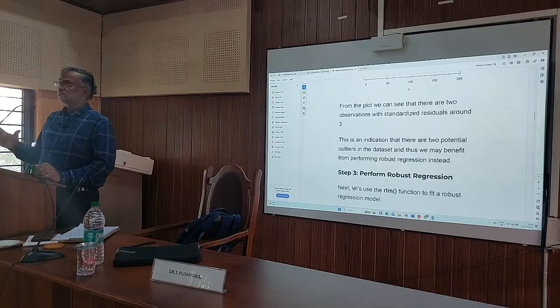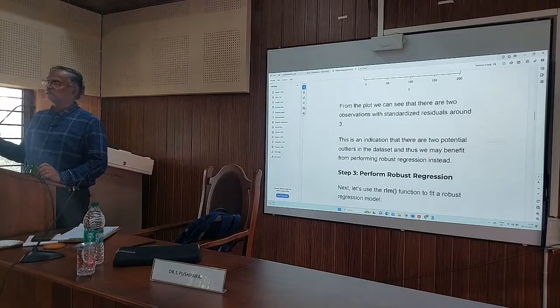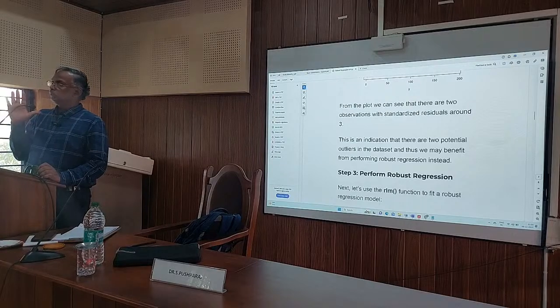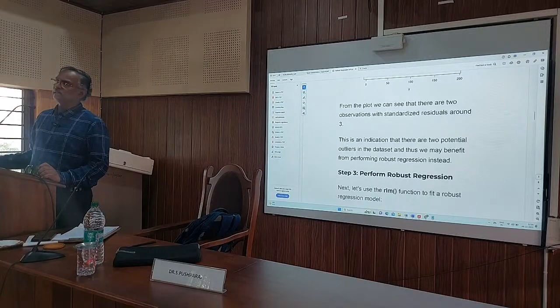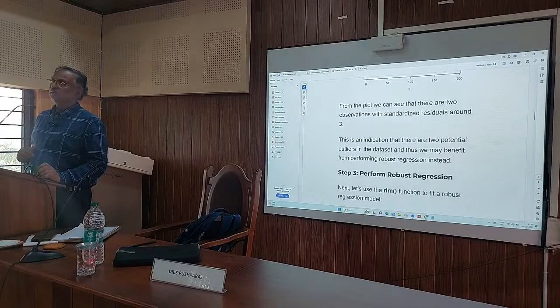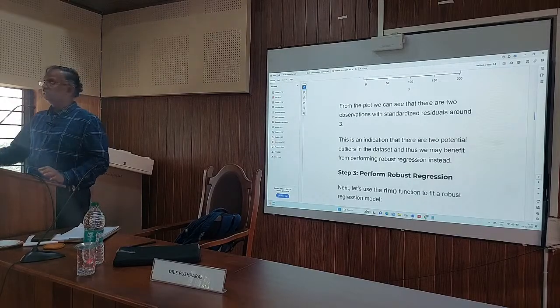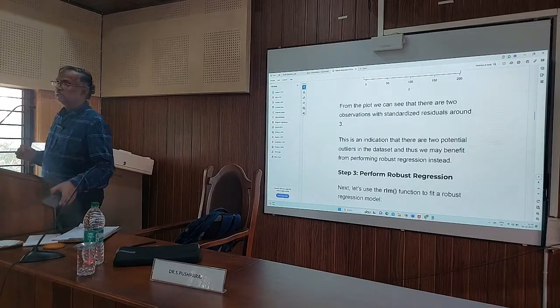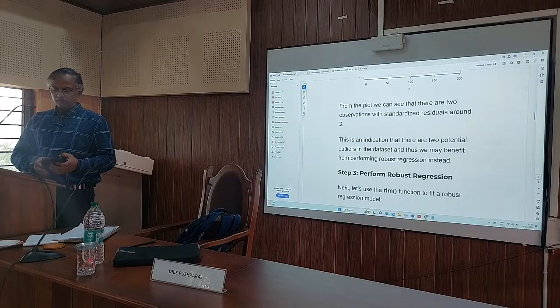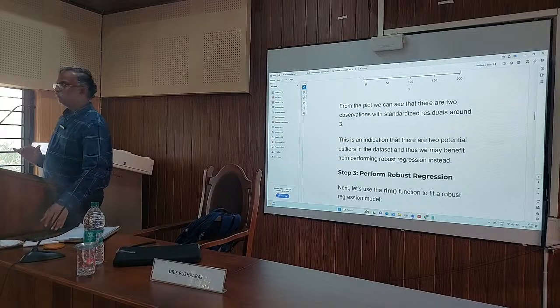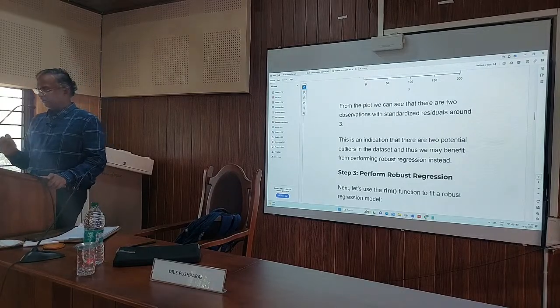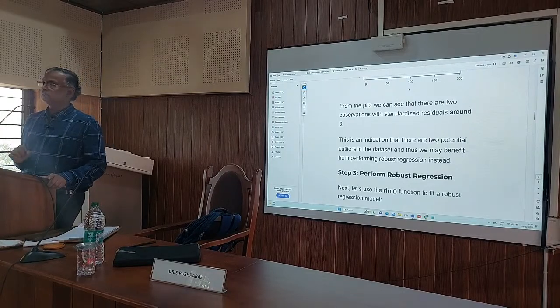So in this case, if you have random outliers like this and you run your regression model with this data, naturally you will have some bias in your estimation. It will be inconsistent also. For this problem, you will run a robust regression.